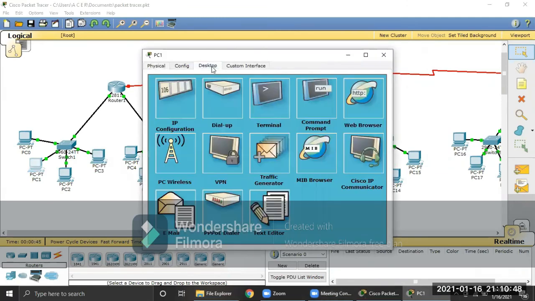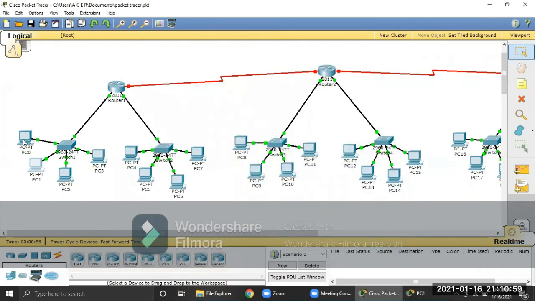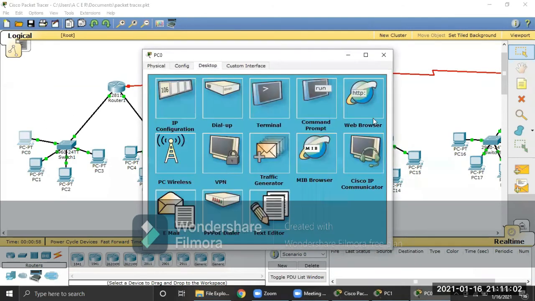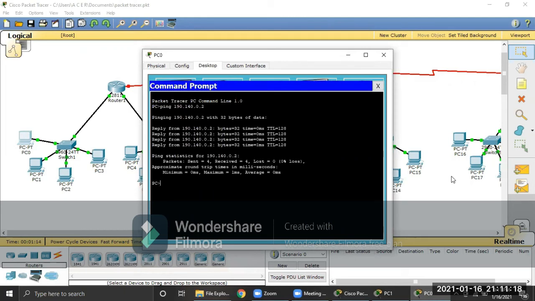Let's take a look at the IP: 190.140.0.2. Type 190.2, enter. When this comes out, it means it's successful. The network is working.